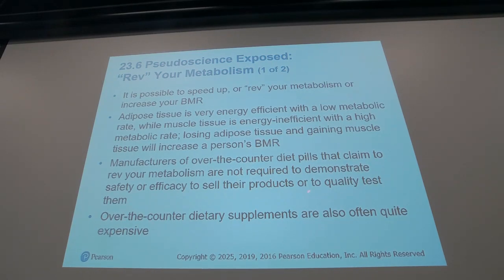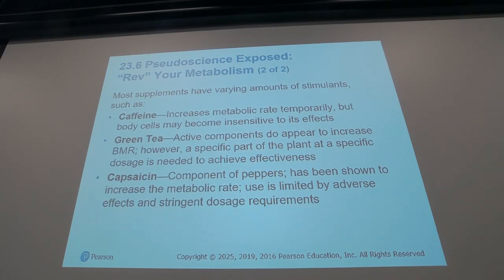And of course, there are drugs that can accelerate the metabolism itself, or certain things like caffeine, green tea, capsaicin. But again, if you drink so much caffeine, or eat a lot of spicy foods or green tea, that is going to upset your stomach.